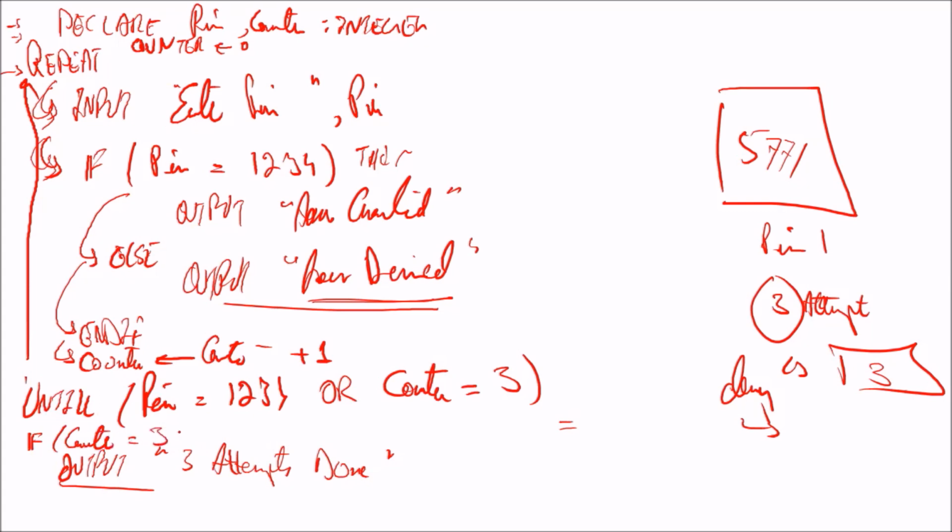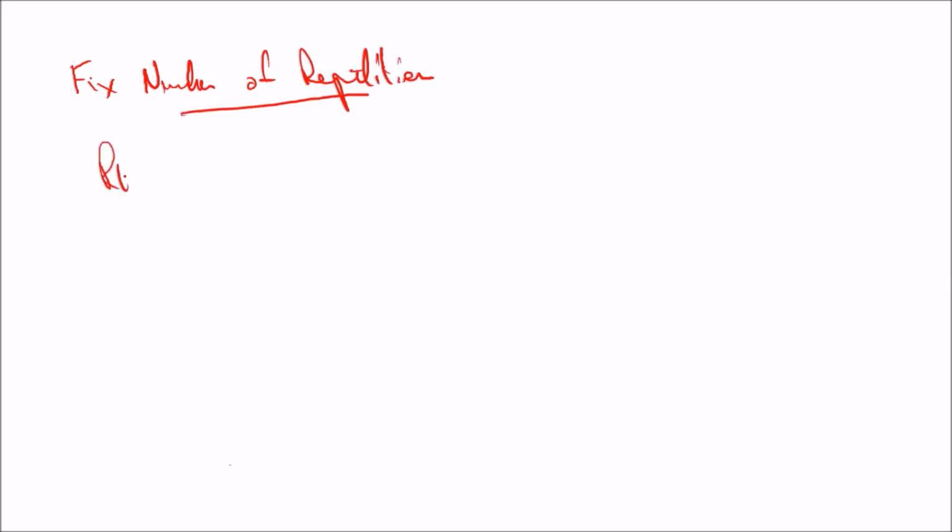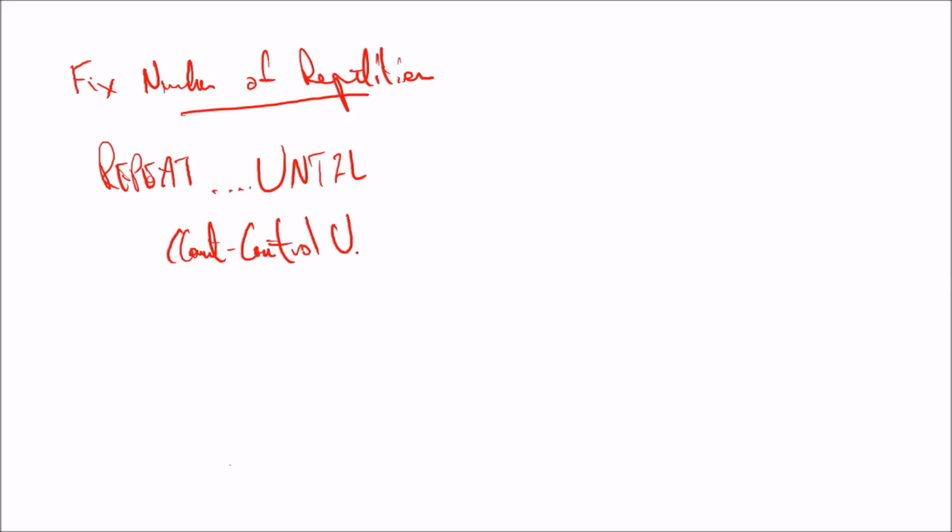If counter is equal to 3, then give me this message, है ना? यस सर, ओके। और एंड इफ, ठीक है, फिर वो मैसेज देगा आपको। अच्छा, रिपीट अंटिल के अंदर वी कैन ऑल्सो गो विथ फिक्स्ड नंबर ऑफ रेपिटेशन भी कर सकते हैं, और वी कैन यूज रिपीट until as count control loop भी हम यूज कर सकते हैं, ठीक है?